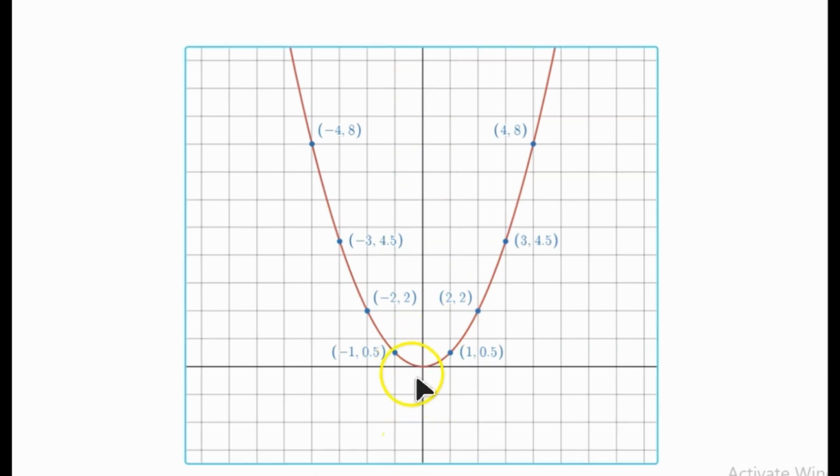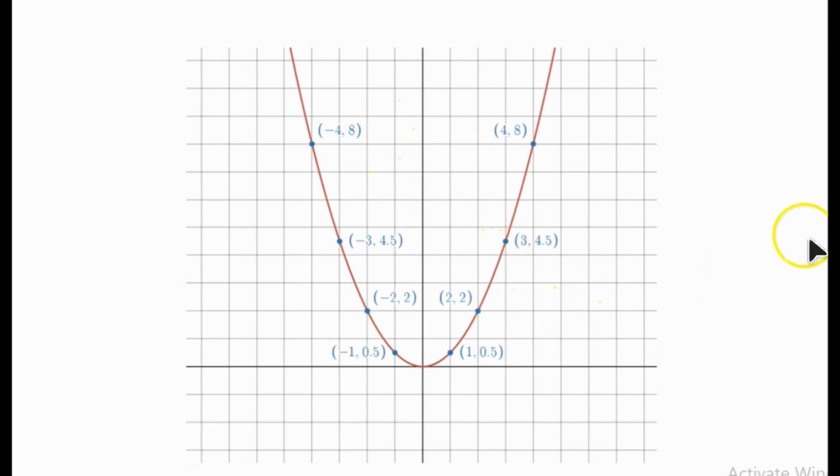And the right side of the y-axis looks the same as the left side, and we can prove that this is symmetric about the y-axis because, here, let me get a pointer here. There we go. Look at this, we have the point (1, 0.5). We also have the point (-1, 0.5), okay, and that meets the criteria of symmetric about the y-axis.